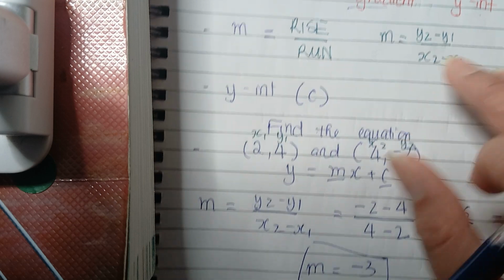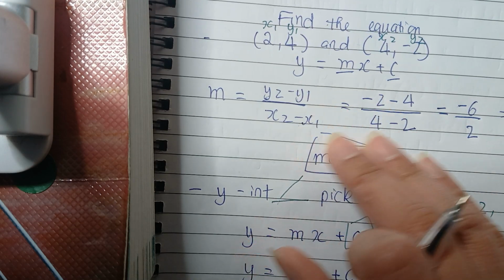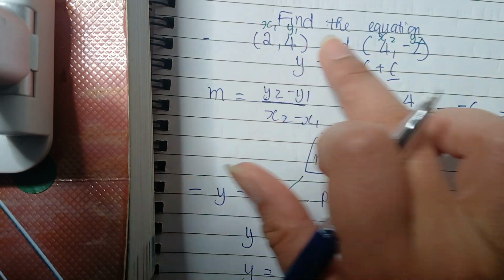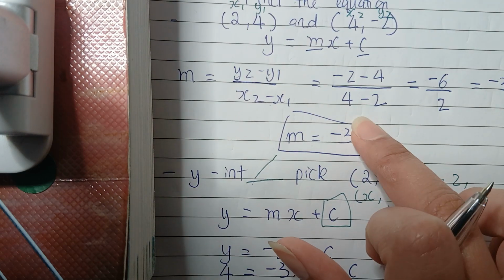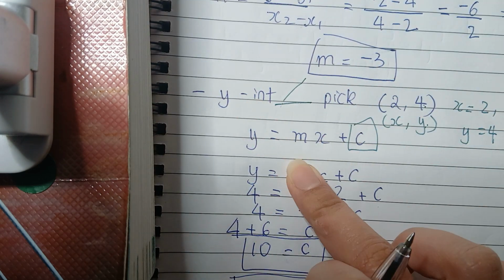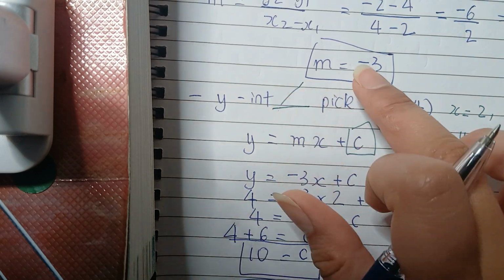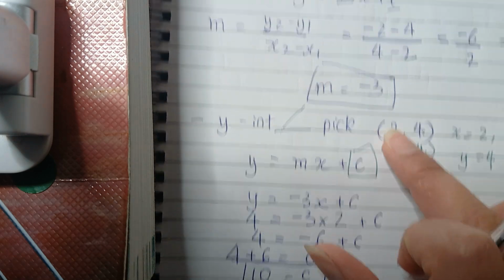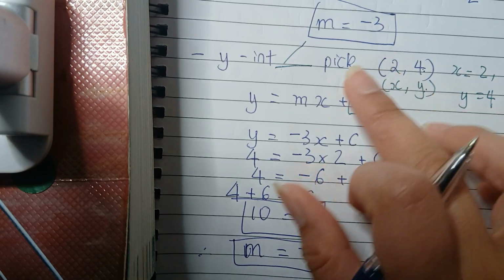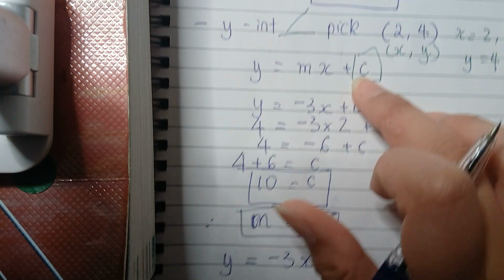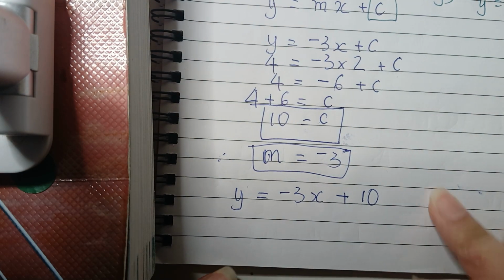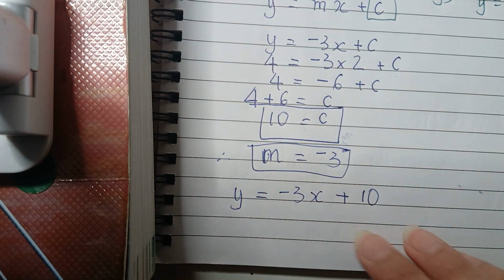If they give you 2 points, you label the points, sub them into the formula, and look for gradient. Then you look for y-intercept: you use the gradient and pick a point that is already given to you, sub the value of m, and the values of x and y, and then you look for c. Then you sub into the general rule, and then you found the equation.